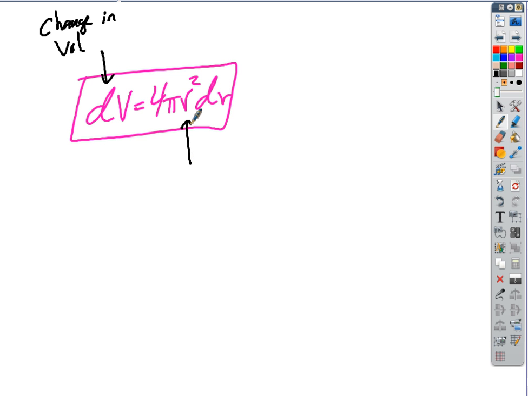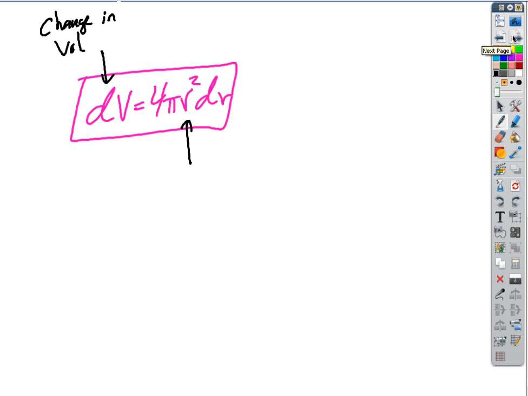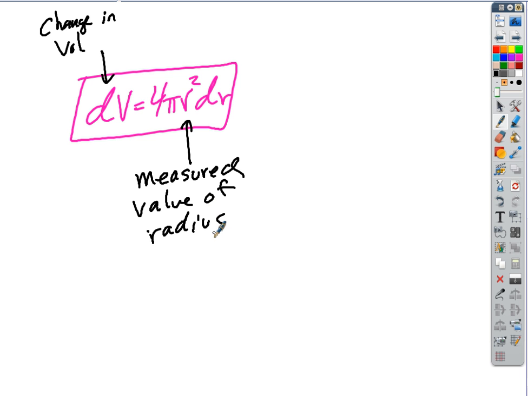What's R, do you suppose? If we look back at our problem, there's our problem. What's R? 0.7, right? That's the measured value of the radius. Then what is dr? That's the million-dollar question. Is that the error? Yeah, that's the measurement error.